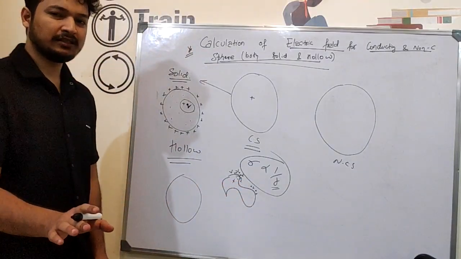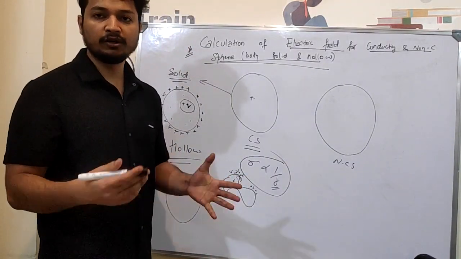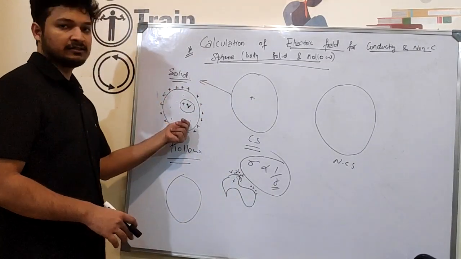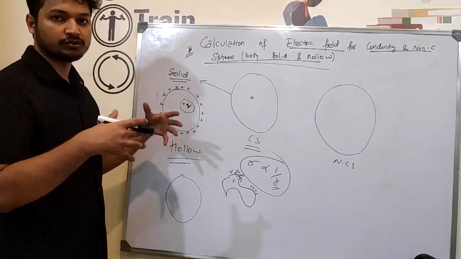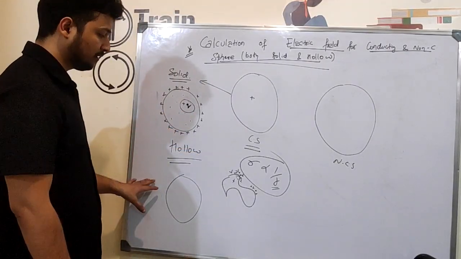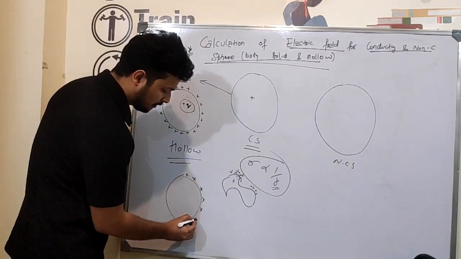Simply saying, since this is a conductor, it will allow movement of charges. If we put any charge in any case, whether a solid conducting sphere or a hollow conducting sphere, in both cases you will see the charges spread evenly on the surface.